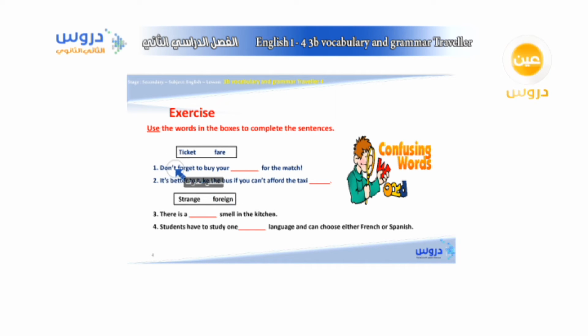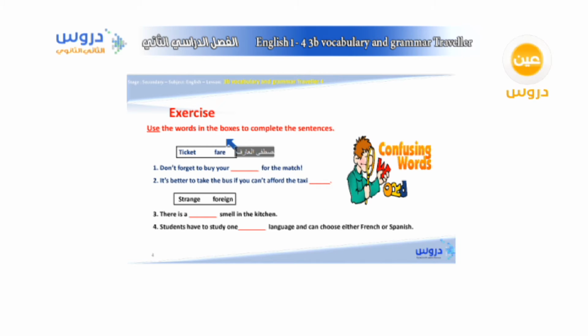It's better to take the bus if you cannot afford the taxi fare. So fare is an amount of money, and ticket is what you pay for bus, plane, train, concert, movie. You buy the ticket.